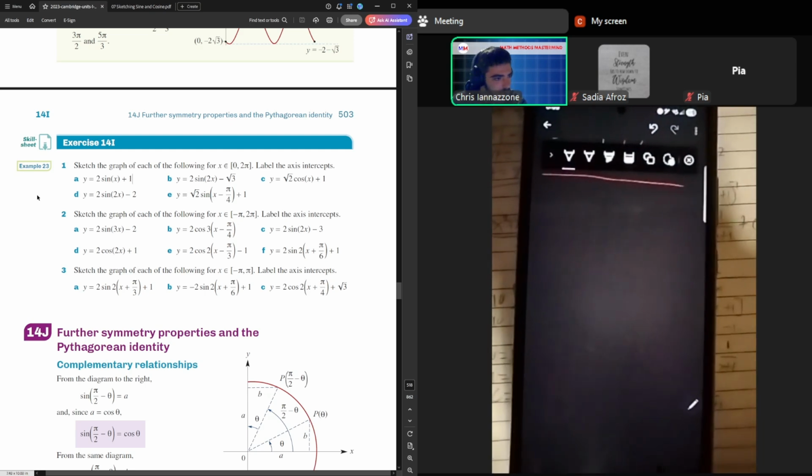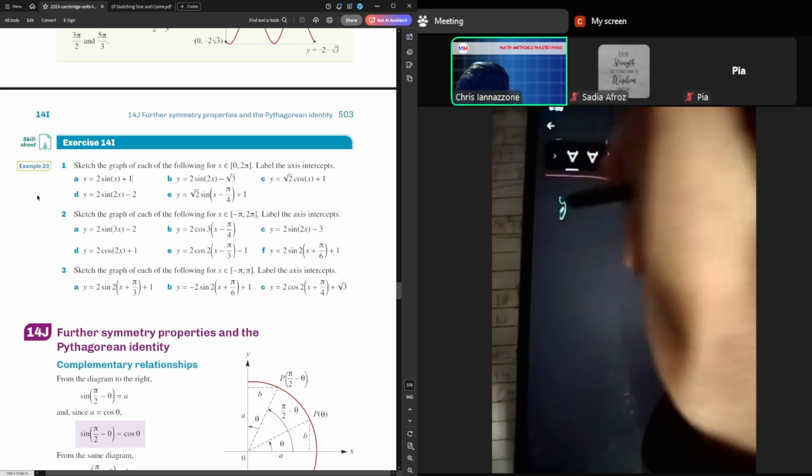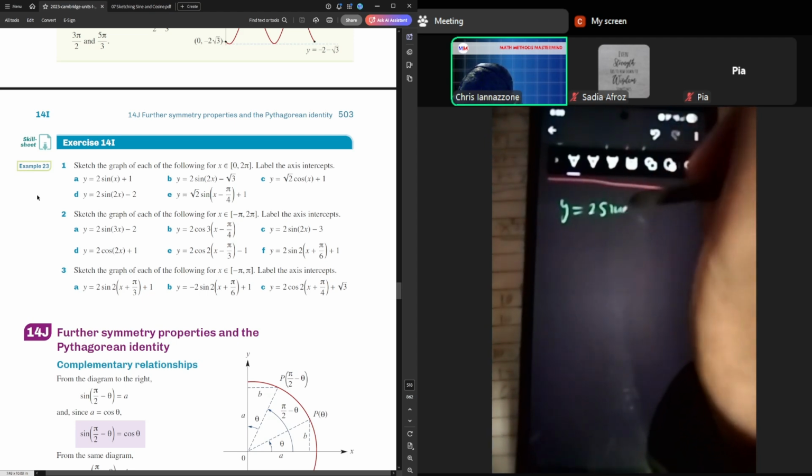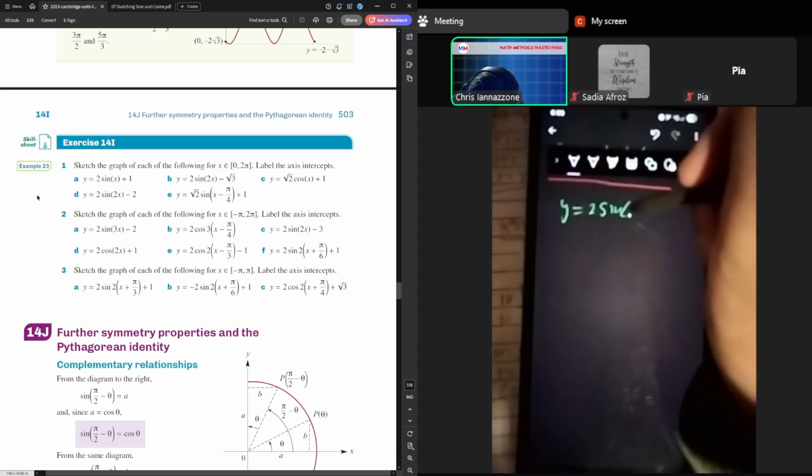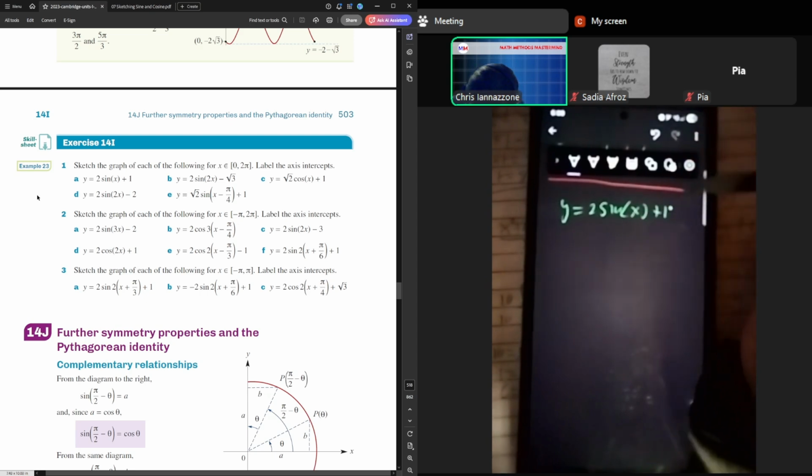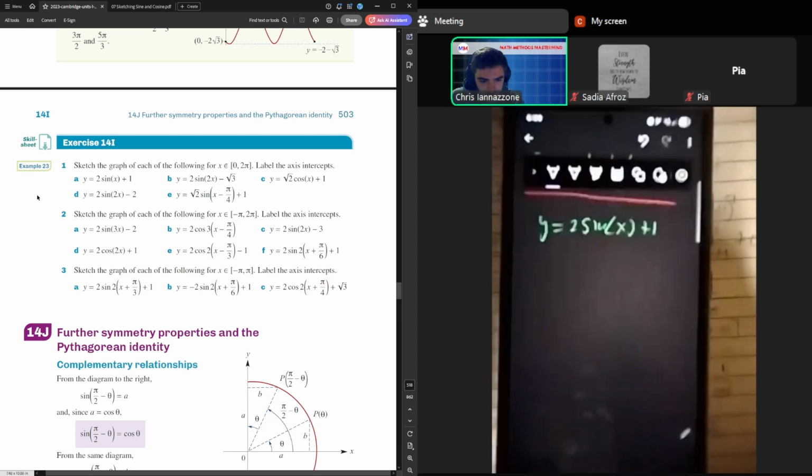Okay, so we're going to have y equals 2 sine x plus 1. What shall we do?